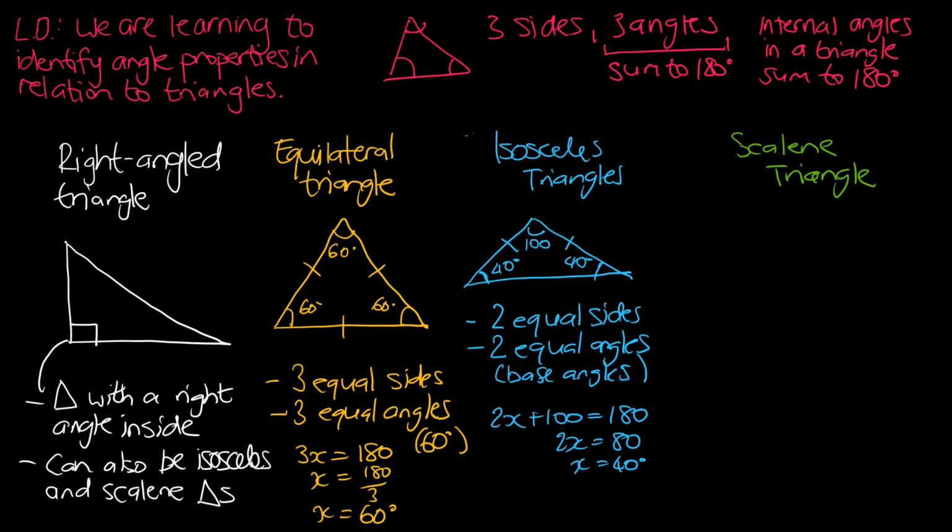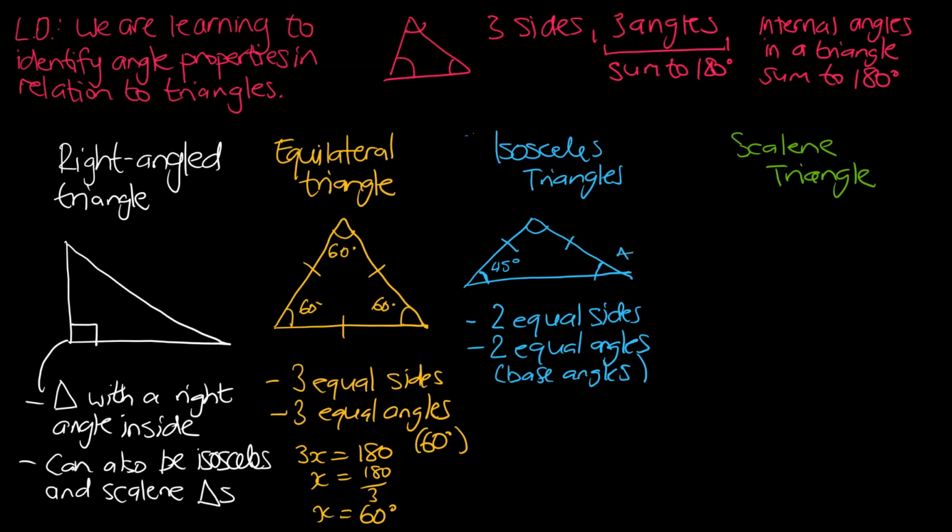And similarly, if we know one of the base angles, we can find out all of the angles about that triangle. So I'll show again what I mean by that. I'll get rid of our last working. But if you know, say, this one here is 45 degrees, straight away we know that the other angle is 45 degrees.